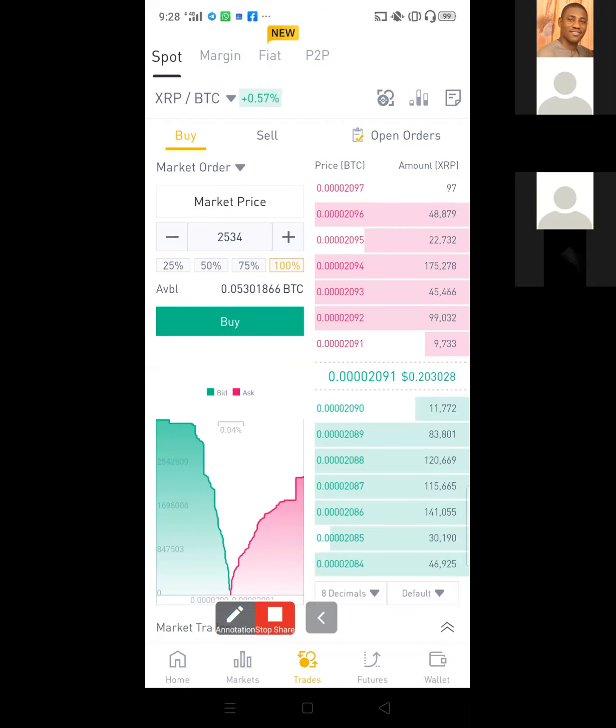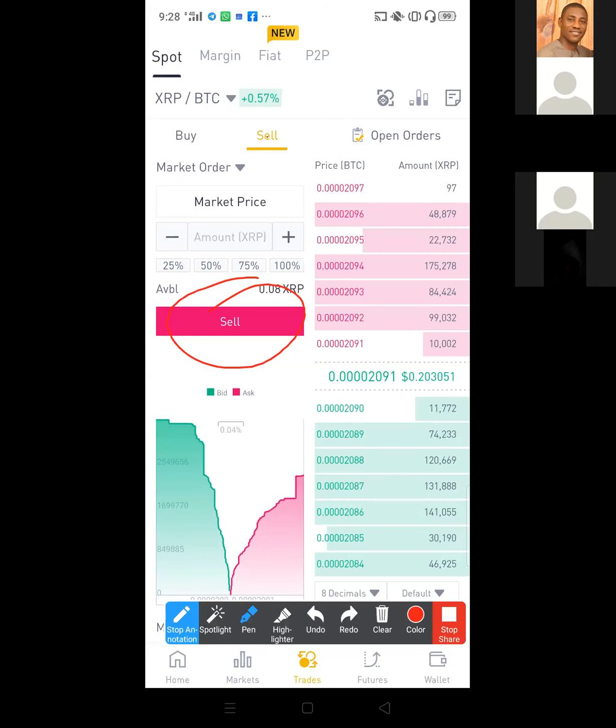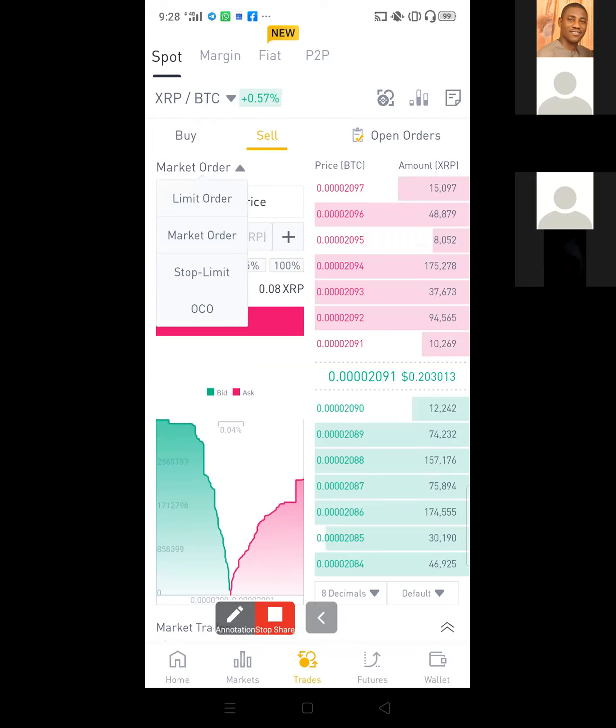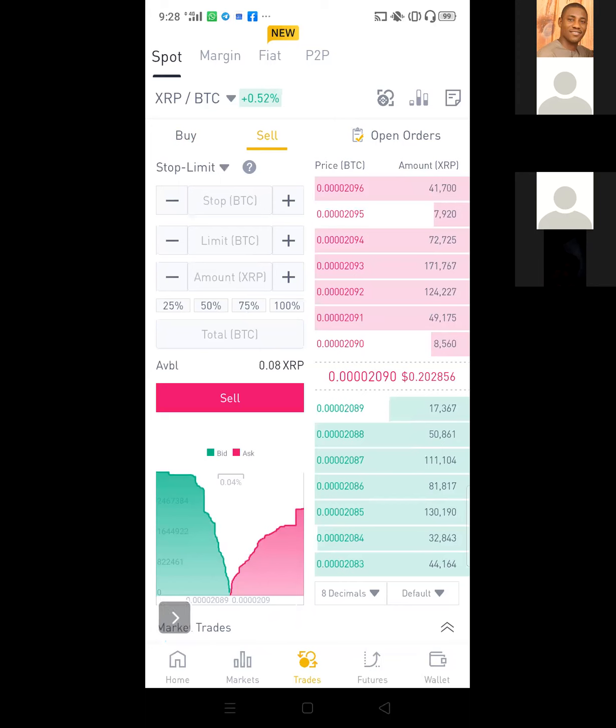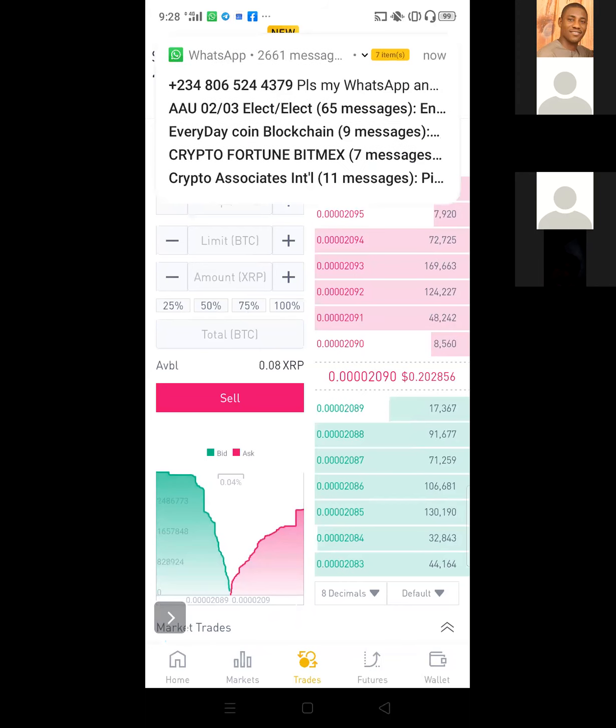Let's go to sell for us to explain that. Again, we click on this little arrow to select our stop limit. Now, with stop limit, you know what we are meant to do.